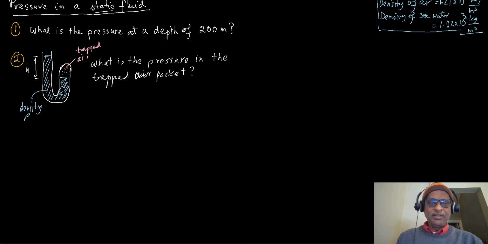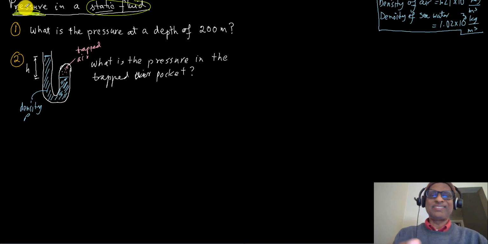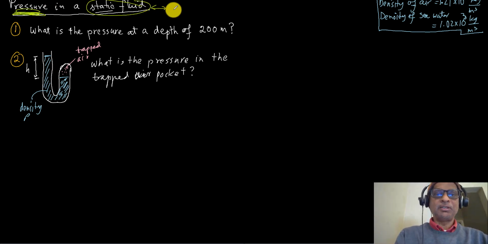Okay, so here is a fluid not flowing situation, and a fundamental concept of fluid not flowing situation is pressure. When fluid is static, we say pressure is static pressure. So this is also called static pressure.